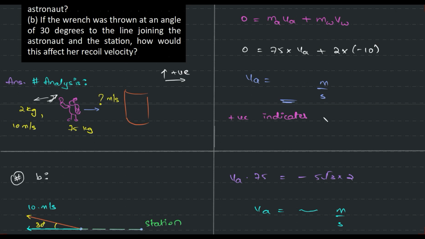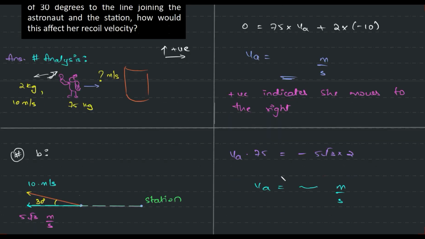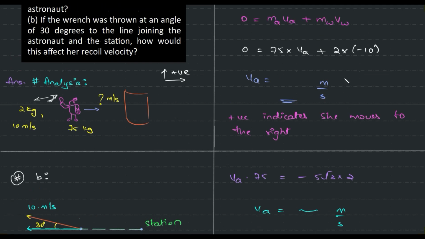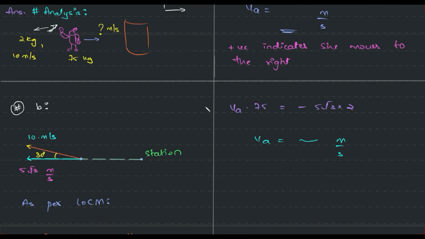Positive indicates she moves to the right. Here too, a positive value is what we get, and it indicates that she moves to the right. It's positive only, right? Yeah, I had taken left as negative, right as positive.